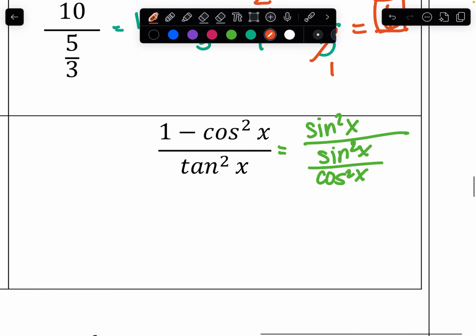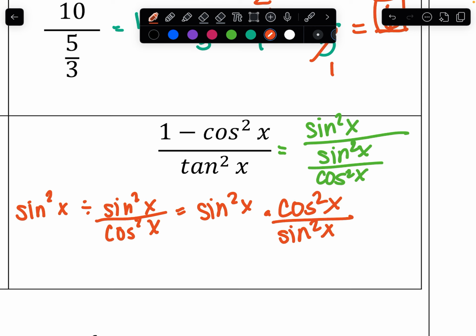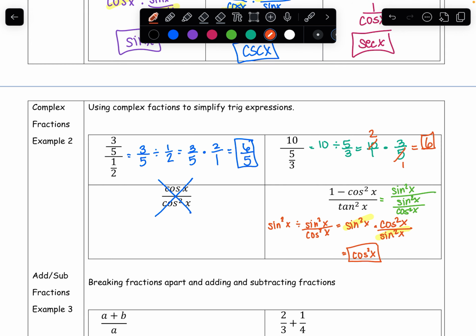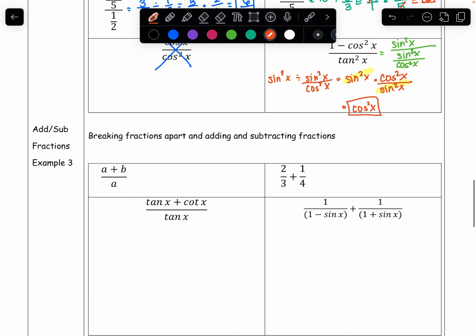So very similar to the problem above, we have dividing two pieces. So we're going to keep, change, and then flip. And so what happens here is our sine squareds cancel out, leaving us with just cosine squared x. Okay, so that's when a fraction is being divided by another fraction.